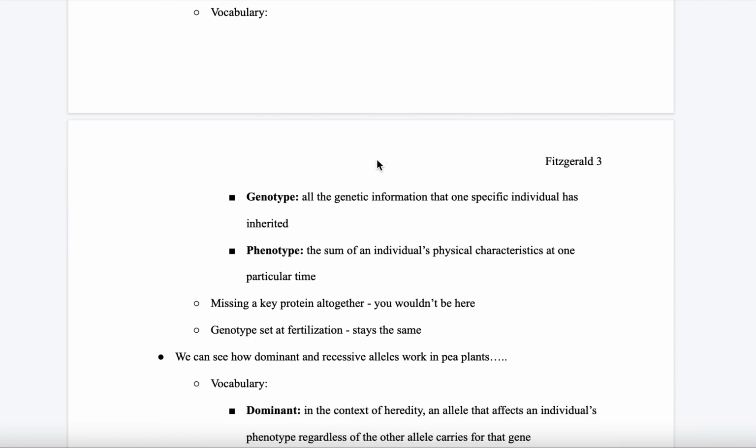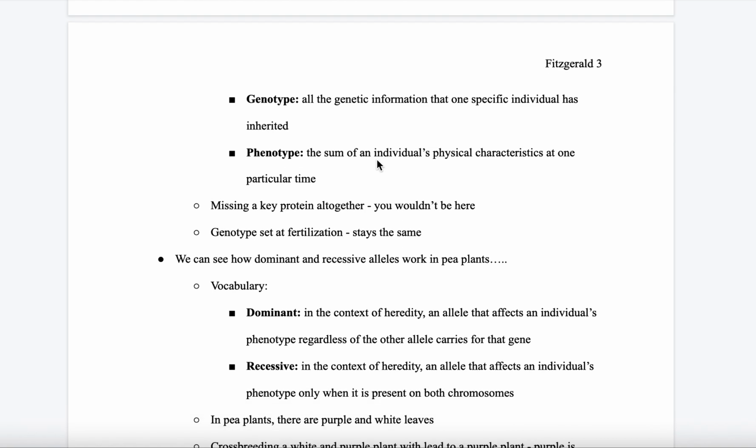Essentially, if you are missing a key protein, you really wouldn't be here. Living humans are very complex, so as embryos, if you're missing a key protein, you wouldn't have survived. And then a genotype is set at fertilization and stays the same for the rest of your life.